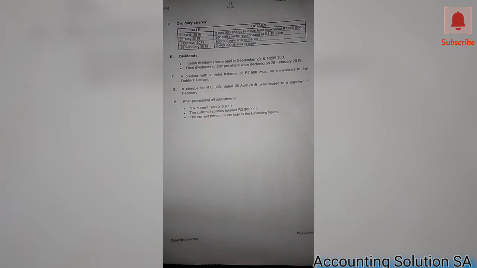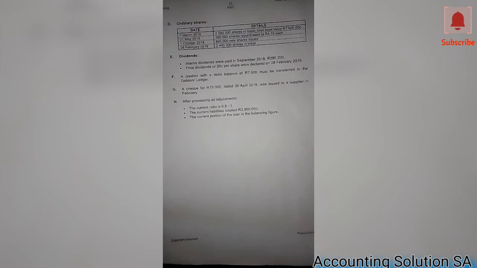Then shares in issue on 28 February 2019 is 2.4 million. All right, which balance is going to affect our retained earnings? Remember, we have the notes for ordinary share capital where we account for new shares issued and those repurchased shares using the average price.